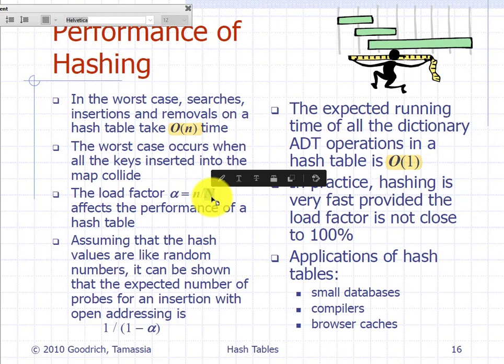If you have a very small cramped space and you're trying to fit a lot of things in it, you're going to be able to fit them in fewer ways, which increases collisions. So just conceptually, having a small load factor is a good idea.